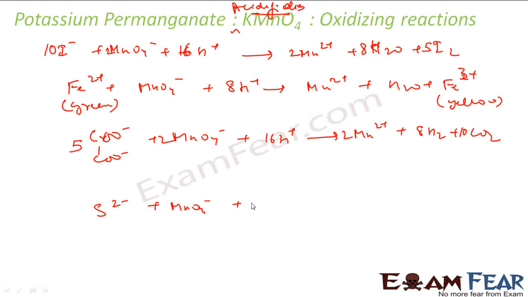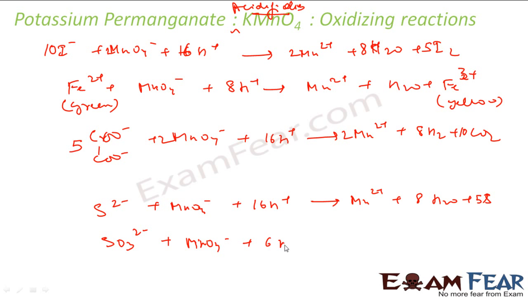This is stronger in case of acidic medium, so we add some acid, it becomes Mn2 plus and some water comes out and you get sulfur back. Okay, in fact, sulfite is also oxidized to sulfate, SO3 2 minus, when you have MnO4 minus as oxidizing agent in presence of acidic medium, you get Mn2 plus, some water molecules and SO4 2 minus.